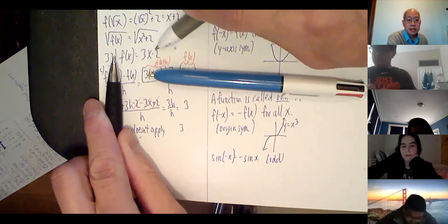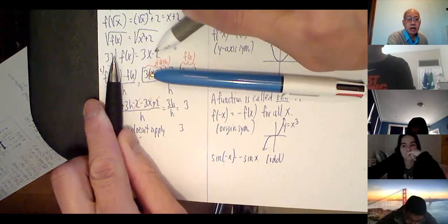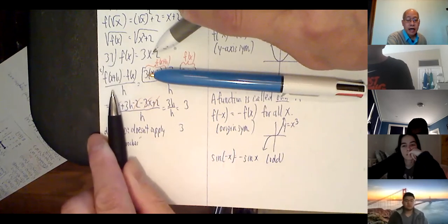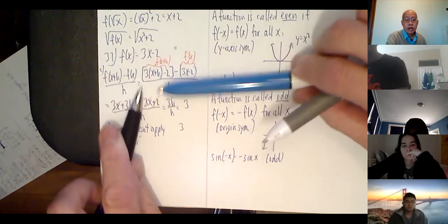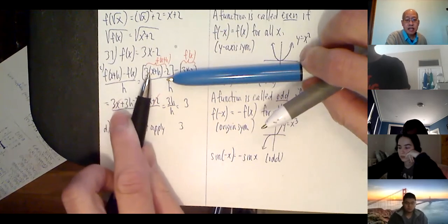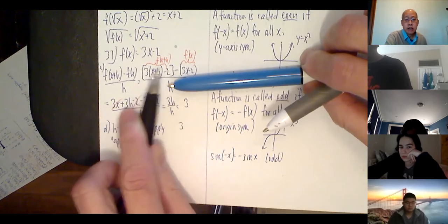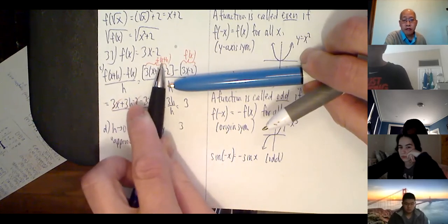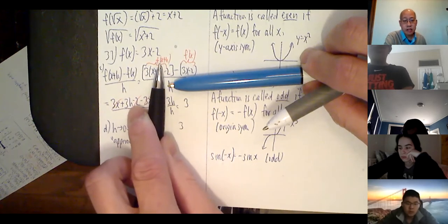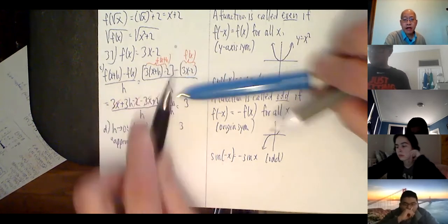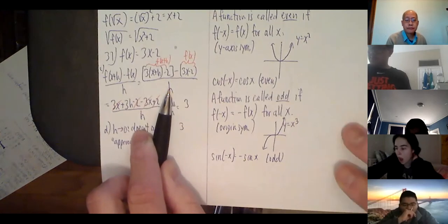If it's a mess, 3 times the mess minus 2. Well, I have a mess, x plus h. So that mess goes right there in parentheses, and there it is, 3 parentheses x plus h minus 2. So this expression right here, and I've got that in red, that's my f of x plus h. This stuff is f of x plus h minus the original f of x all over h.